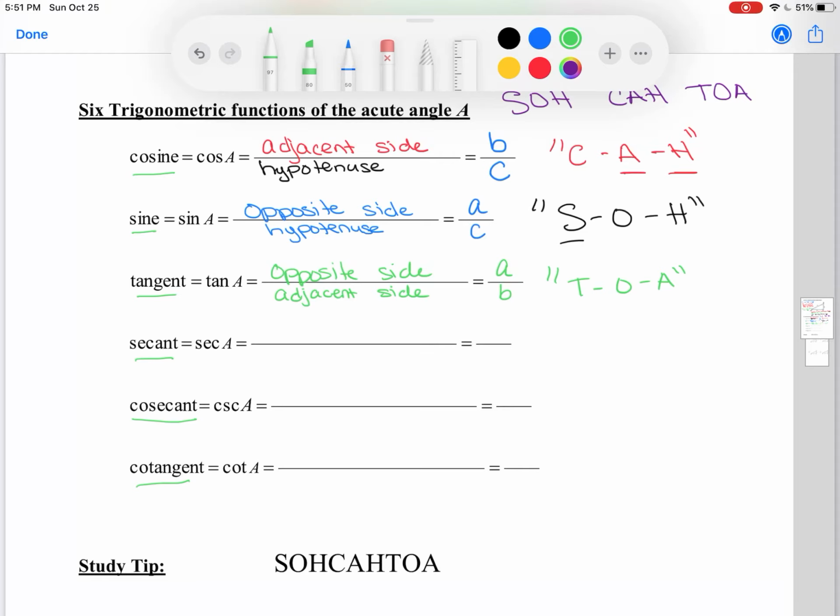Now the remaining pieces, secant, cosecant, and cotangent, are the same exact things as the top three that we just did, but now it's the reciprocal. It's the flipped version, right?